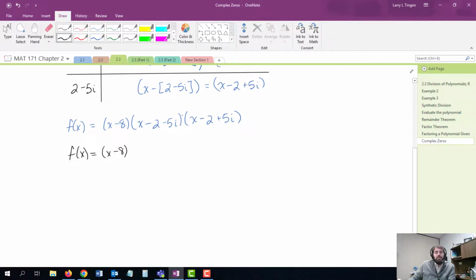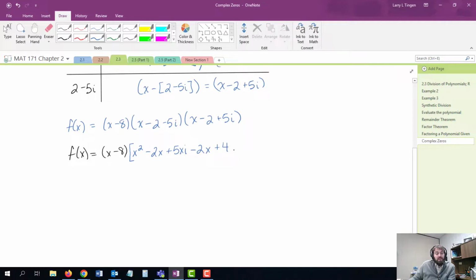So what do I get? Well, this is going to leave a whole bunch of terms, so let's just get them out of the way. x times x is x squared. x times negative 2 is negative 2x. x times 5i is 5xi. And then the second term: negative 2 times x is negative 2x. Negative 2 times negative 2 is positive 4.